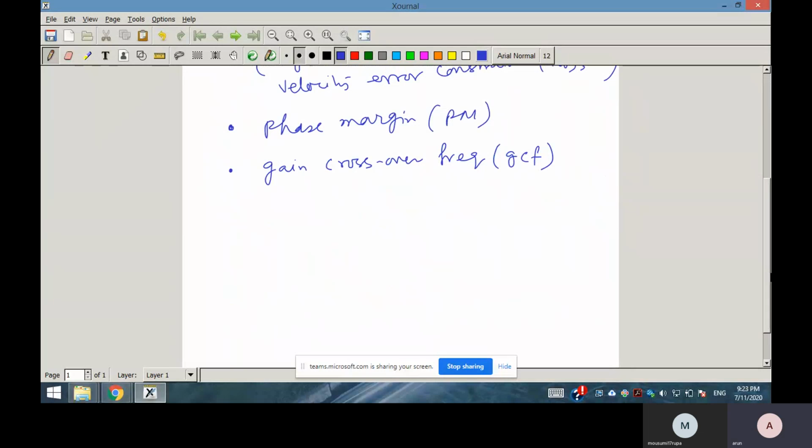Now this is the control configuration as we discussed. This is your plant G(s), and this is your controller C(s).